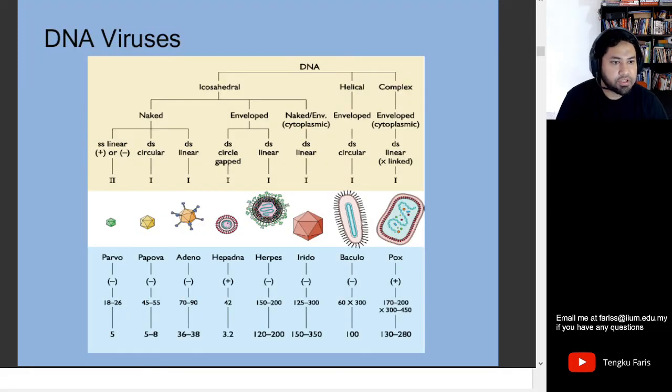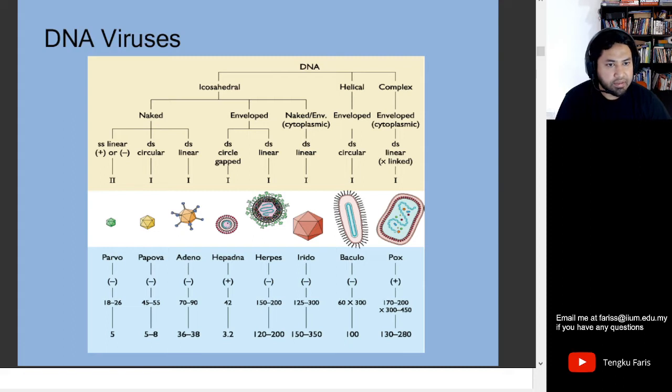The classification of DNA and also RNA viruses can vary. For example, DNA viruses here are classified based on the capsomere arrangement, which is icosahedral, helical or complex. Further down, under icosahedral you can find the naked and also the enveloped viruses.